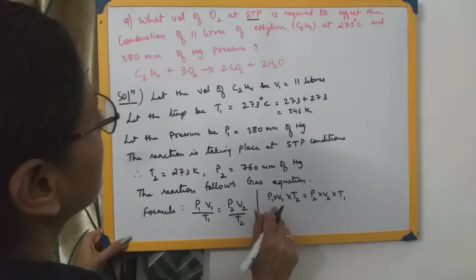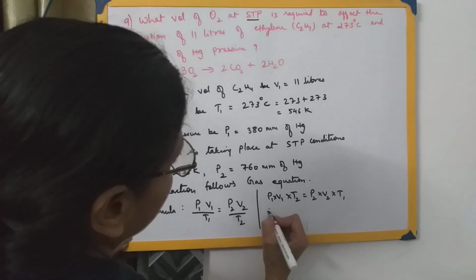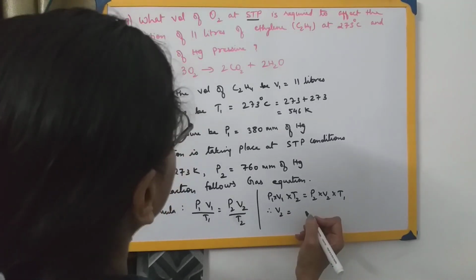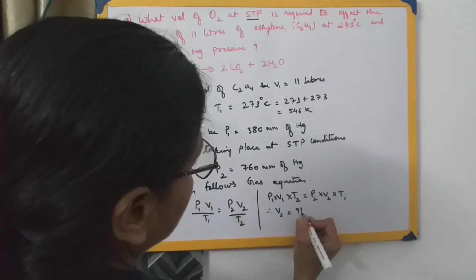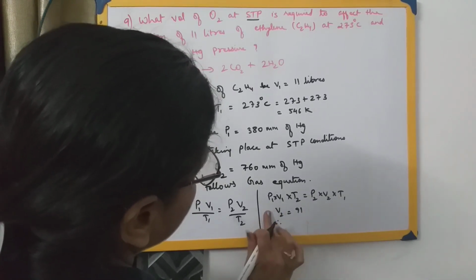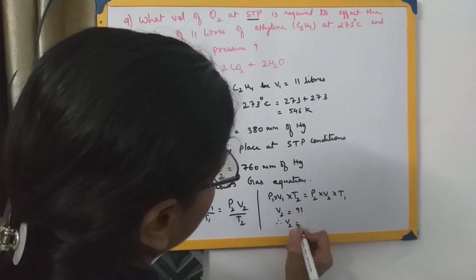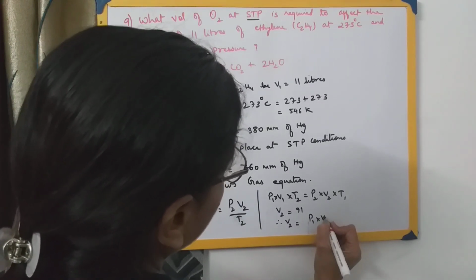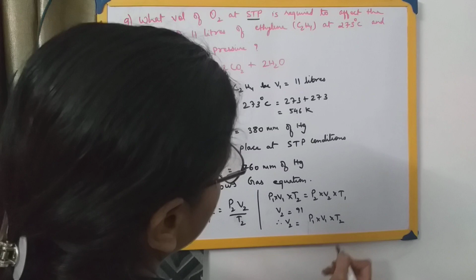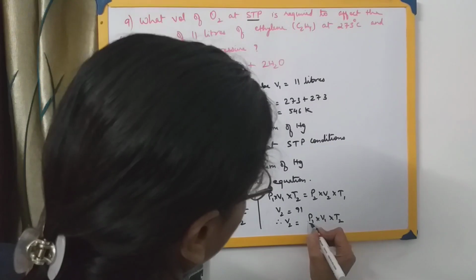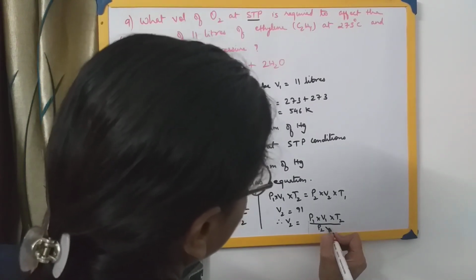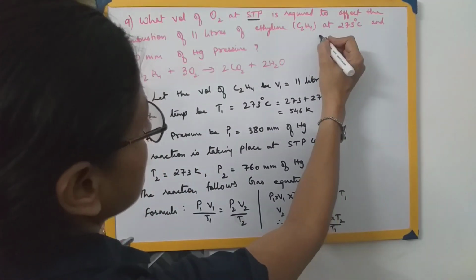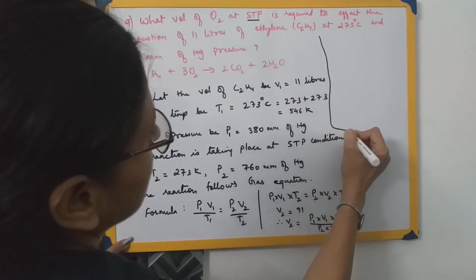We need V2. Therefore V2 is how much? V2 is P1 into V1 into T2, and this P2 into T1 comes down. Since there is no space, let me continue over here.